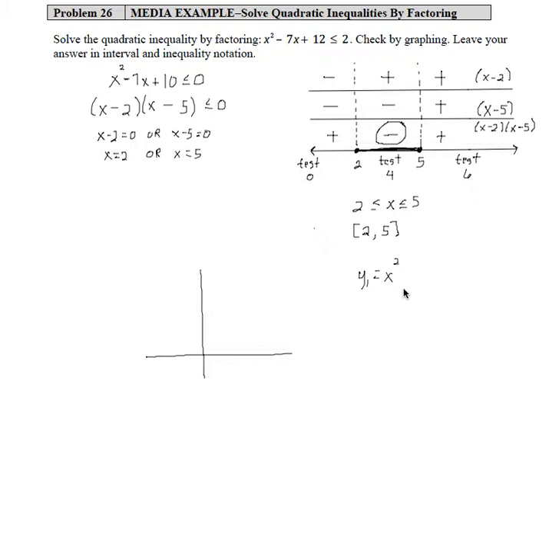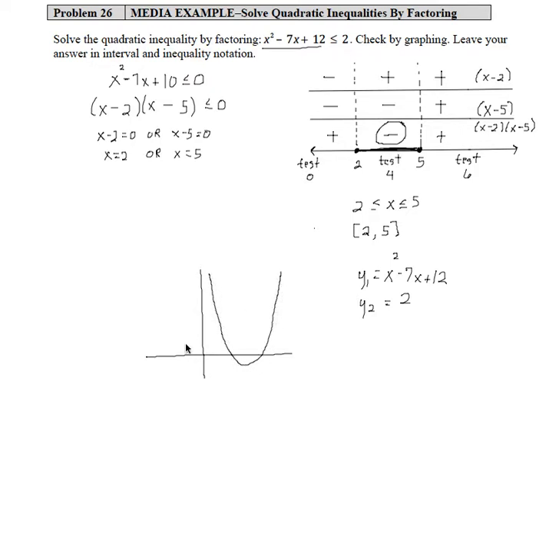You can do it that way, but it's often better to go right to the original x squared minus 7x plus 12. That's the original up here. And y2 equals 2.